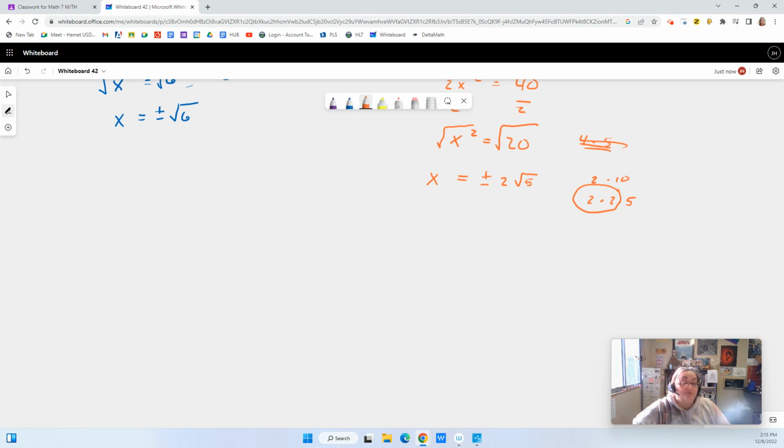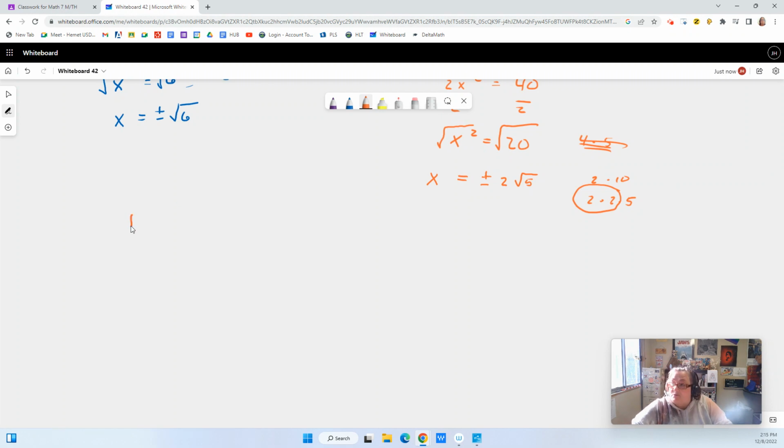Before we do that, in example 6, do you know how to handle that 1/4? 1/4 x squared minus 9 equals 0. It's example number 6 on the slides that you sent me. Hold on, let me switch. Maybe I could show you.